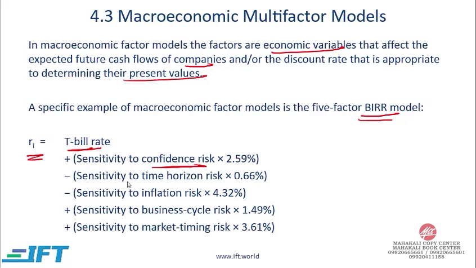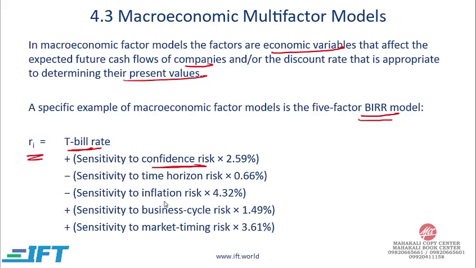Then we have sensitivity to time horizon risk. This is the unanticipated change in the return difference between 20-year government bonds and 30-day treasury bills.